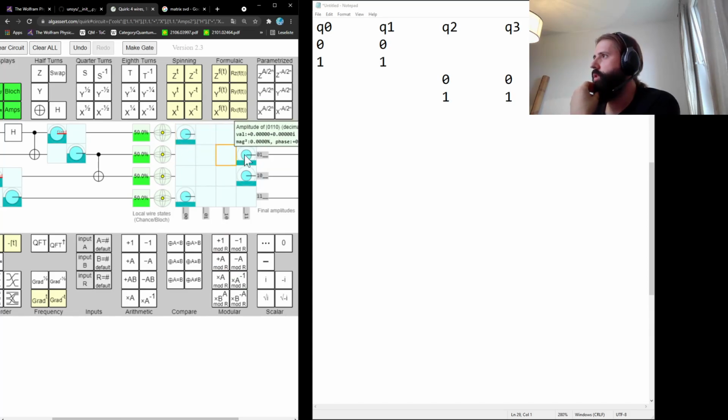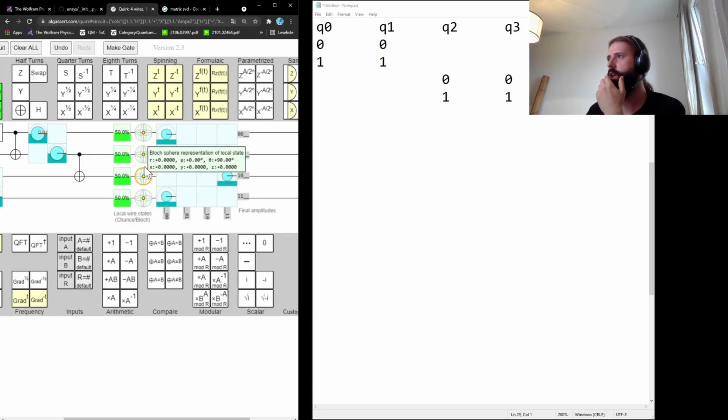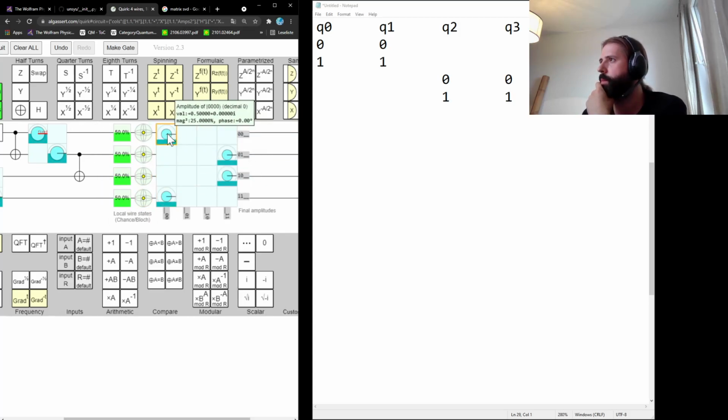We have 0, 0, 0, 0, 1, 1, 1, 1, 0, 1, 1, 1, 1, 0, 0. From a qubit perspective they all still behave the same, but basically I've got these four possibilities.